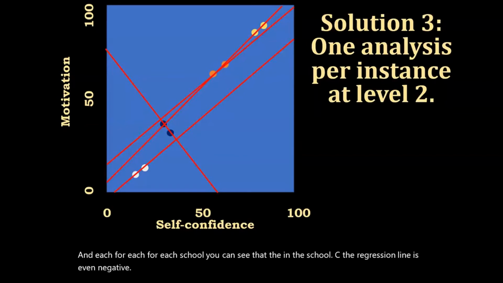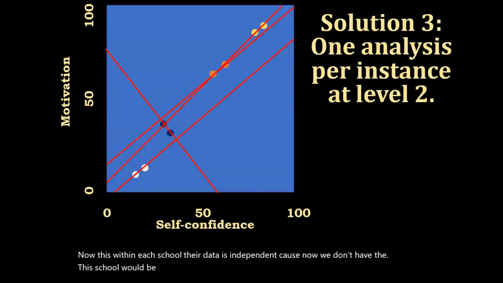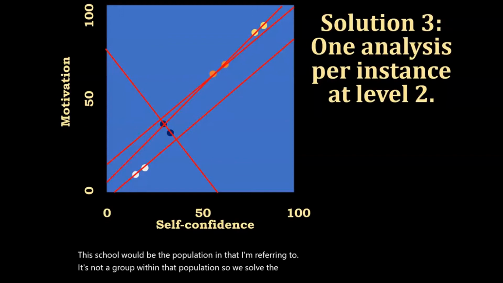Again, this solves the problem of independence of data. Within each school, the data is independent because the school would be the population to which I'm referring. It's not a group within that population. So we solve the problem of independence of data.